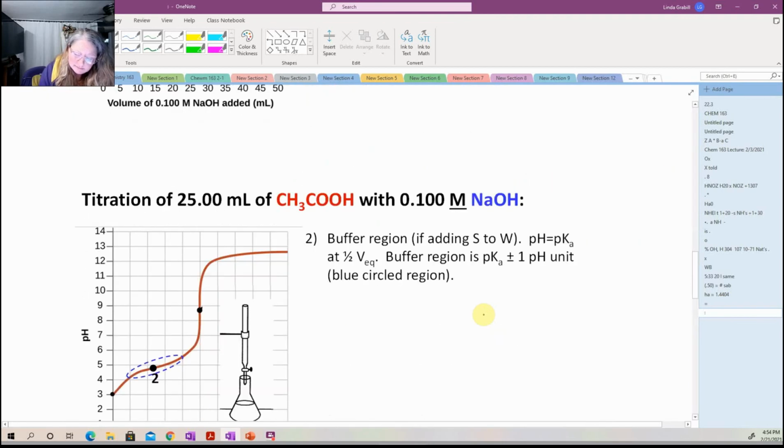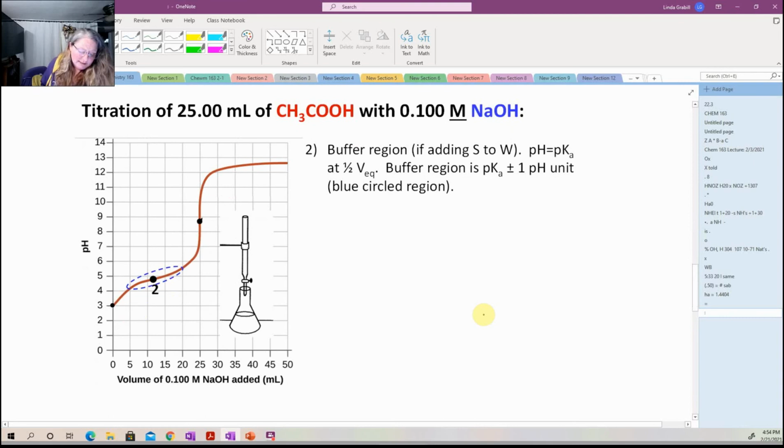What happens if I take this, and we now know that I have a pH of slightly greater than 8, slightly less than 9 would probably be better, at equivalence? And what do I know there?